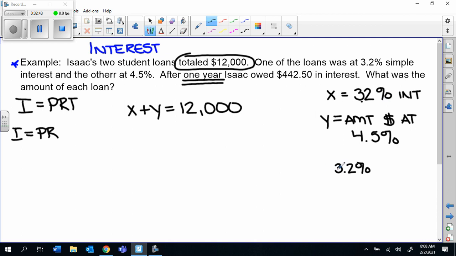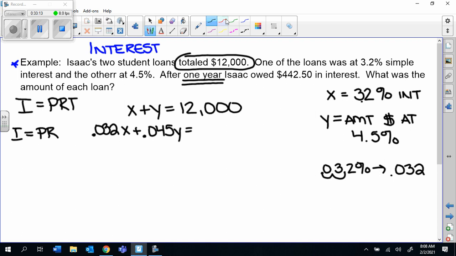don't forget to move the decimal twice. So that's going to be 0.032. Moving it twice, you have to put in that 0 as a placeholder. So 0.032x is going to represent the interest, the principal times the rate, plus the amount of money that's at 4.5% is going to be 0.045y.